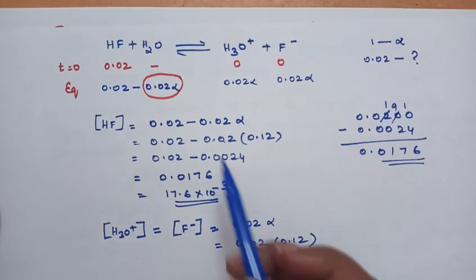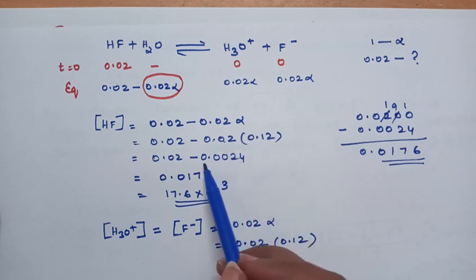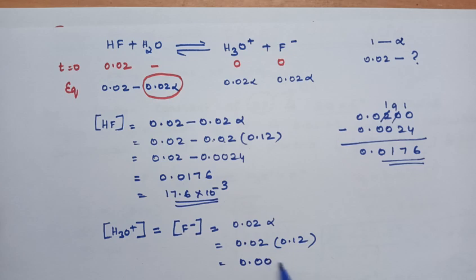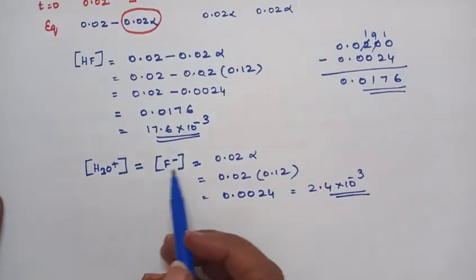So 0.02 into 0.12 gives 0.0024. Now shift this 1, 2, 3, so 2.4 into 10 to the power of minus 3. This is the concentration of H3O plus and F minus.